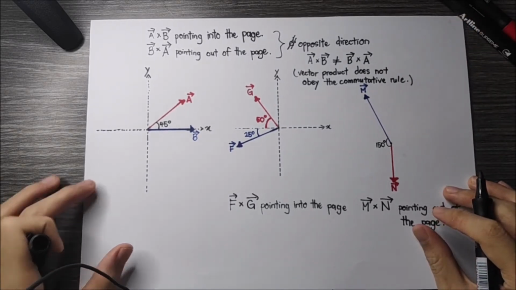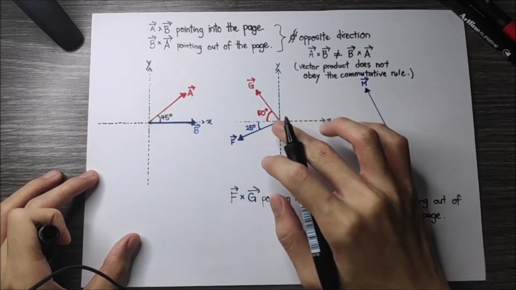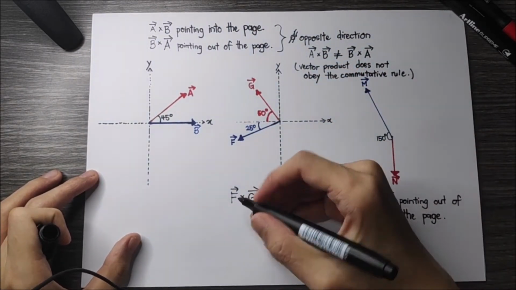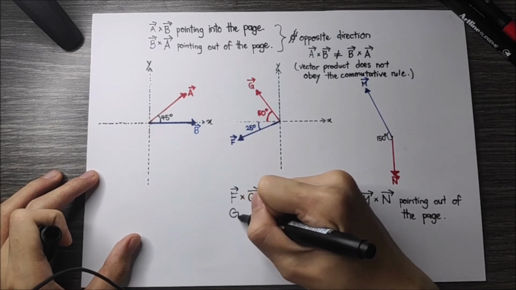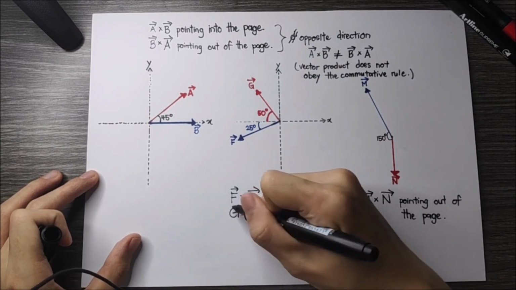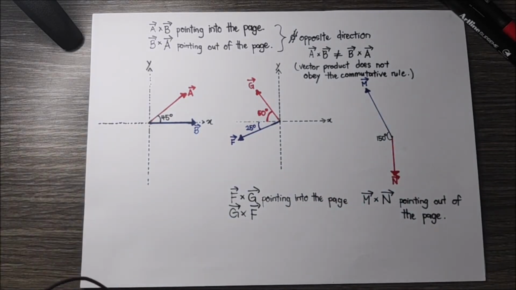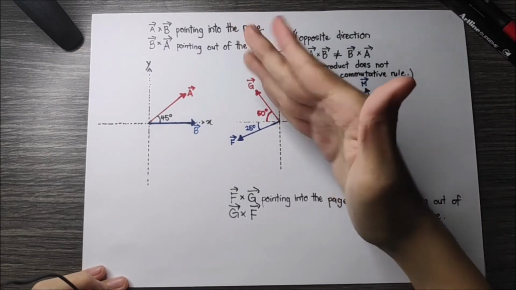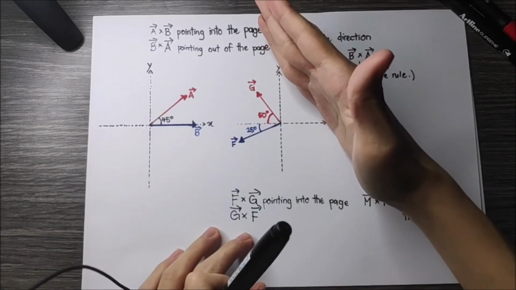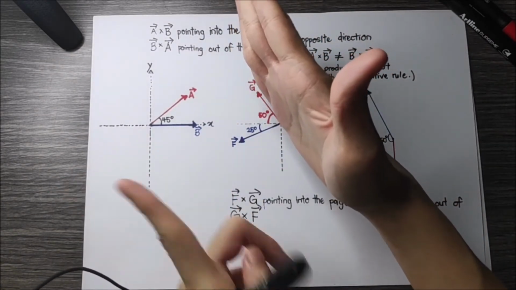Okay, once we are done with that, let's check the other 2 examples we have here. Let's say today we do G cross F. Remember the vector sign, G cross F. I'm going to do it the express way. First align your hand, so fingers pointing this way, your palm facing the second vector.